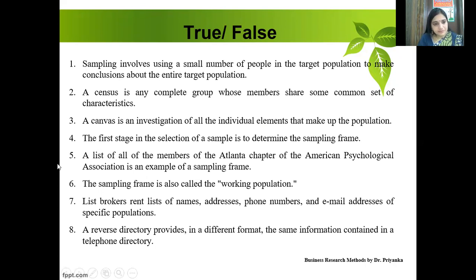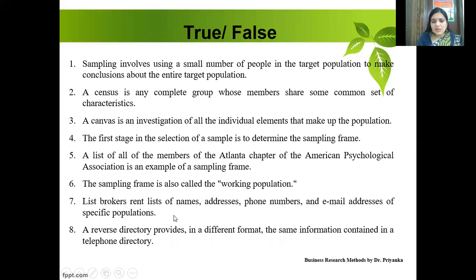Fifth, a list of all of the members of the Atlanta chapter of the American Psychological Association is an example of a sampling frame. Yes, it is true. You can include this while quoting examples as well. Then, the sampling frame is also called the working population. Yes, it is true. Then list brokers rent lists of names, addresses, phone numbers, and email addresses of specific populations.